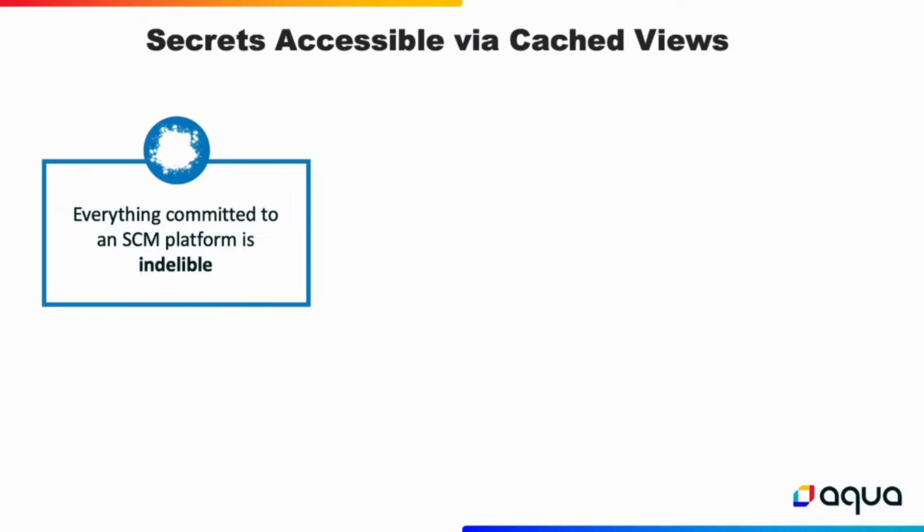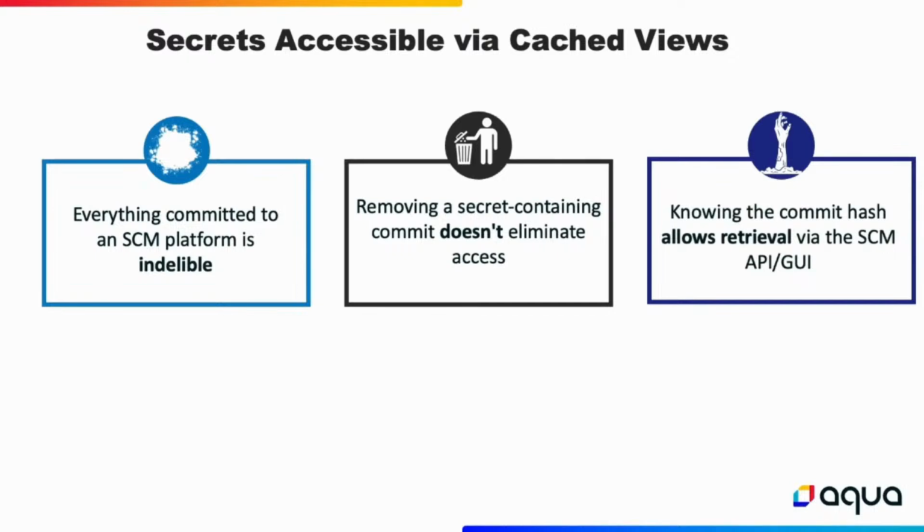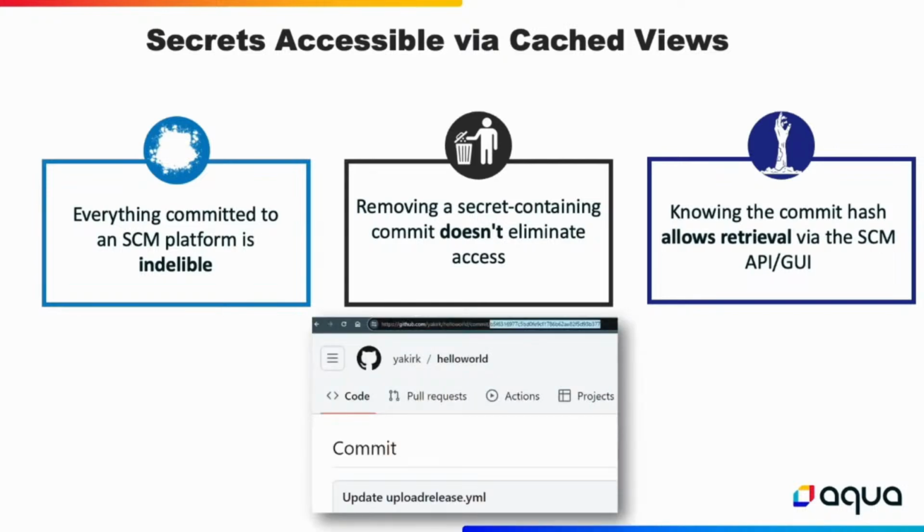So even if you remove a commit containing a secret, it doesn't eliminate access to it. And if you have the commit hash, you can retrieve it using the source code management API or the GUI. For instance, you can use curl or your browser, enter the hash, and it will show you commits that might not even exist in the mirror version of your repository.